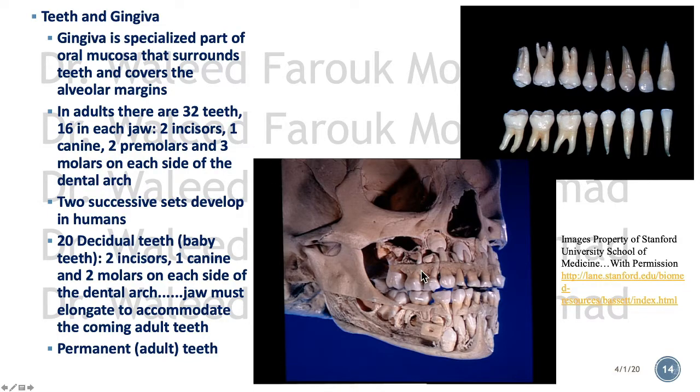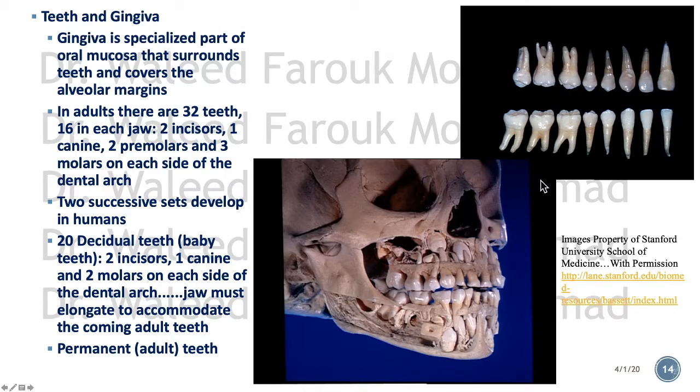It's a specialized part of the oral cavity that surrounds the teeth and covers the alveolar process, the alveolar margin of the jaws, the margin that has the sockets in it, alveolar sockets that accommodate the teeth. We will talk about adult teeth now. There are 32 in number, 16 in each jaw, 8 in each quadrant.